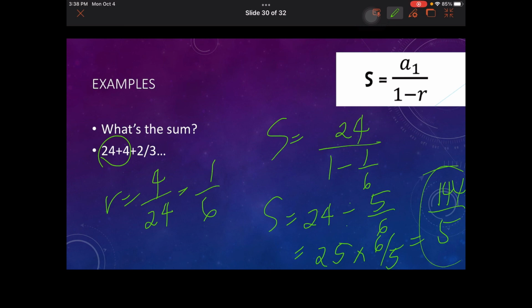Case number 1, kapag given ang n, okay? Case number 2, kapag hindi given ang n, pero binigay ang last term. And then case number 3, if we're going to look for the sum of all of the terms in an infinite geometric series or sequence.